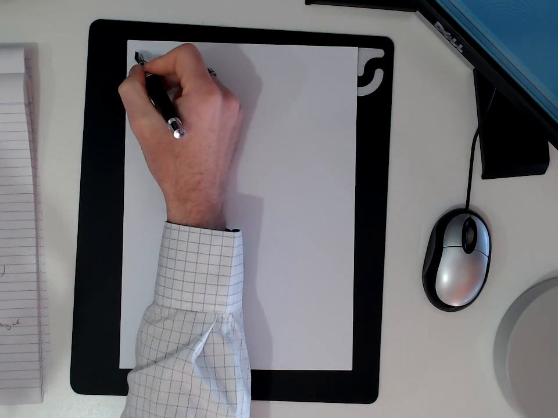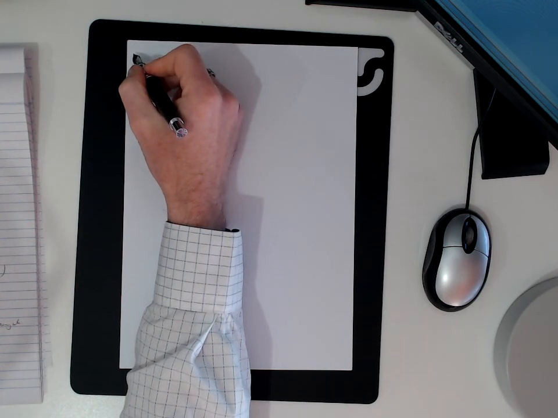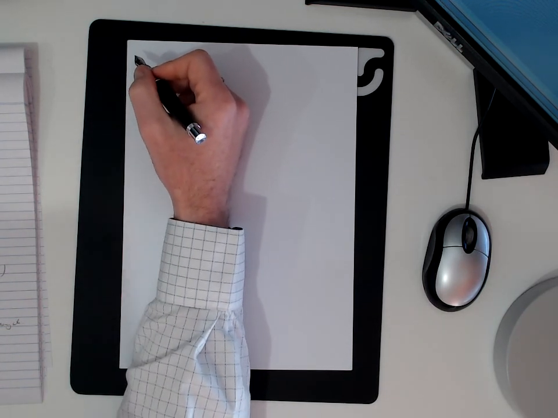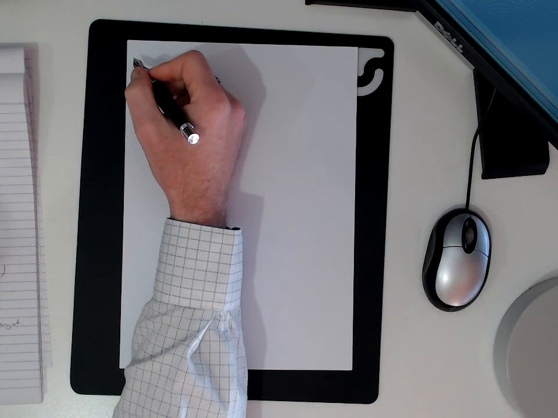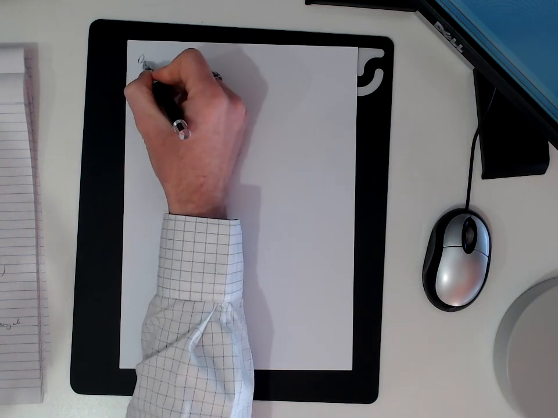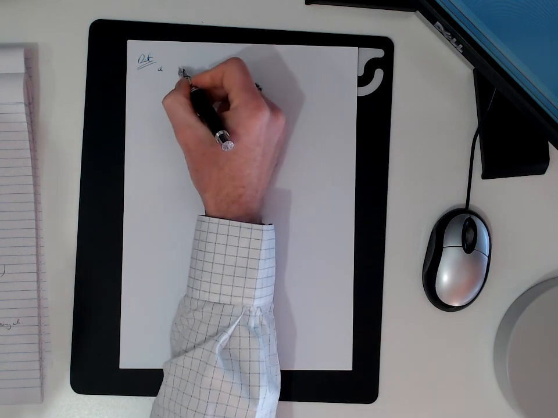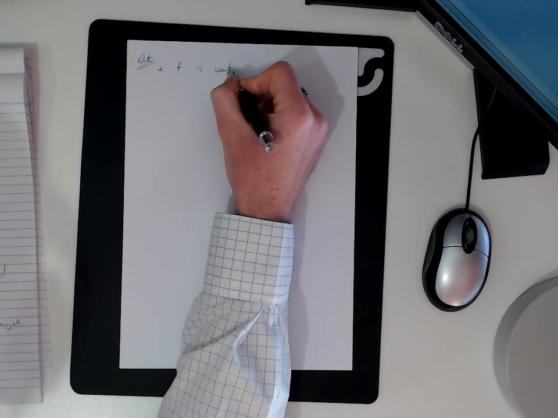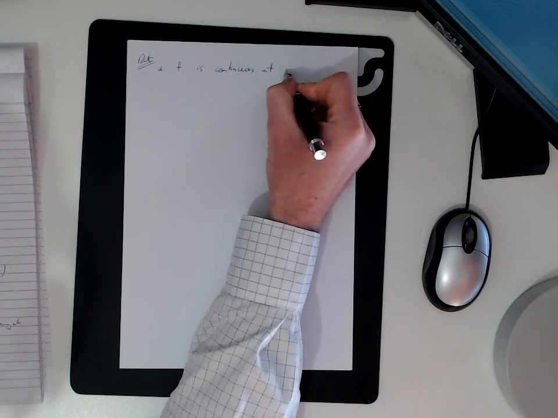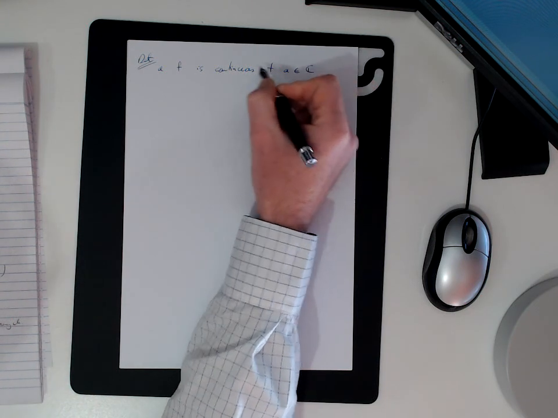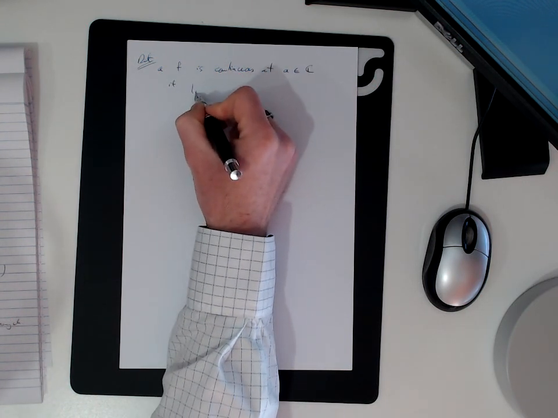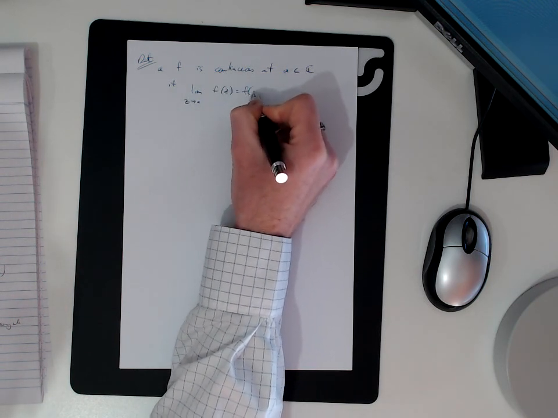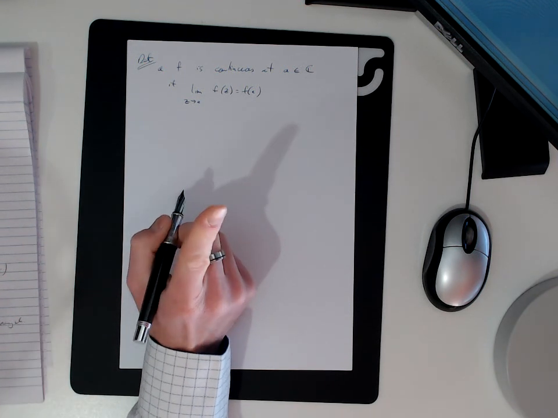It's worth noting that the same doesn't hold for the modulus, because of course different complex numbers can have the same modulus. Lastly, definition. A function f is continuous at a in the complex numbers if the limit as z goes to a of f of z is equal to f of a, which we didn't know before.